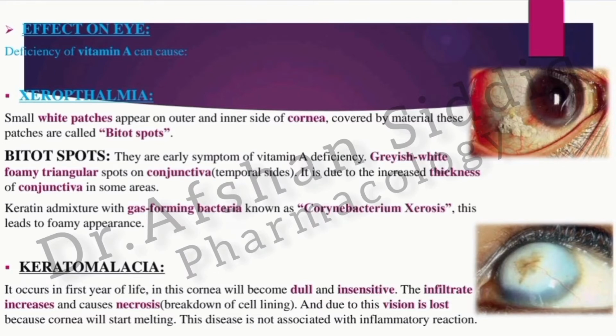The infiltrate increases and causes necrosis, the breakdown of cell lining, and due to this, vision can be lost because the cornea will start melting. The dark area of your eye will break down and necrose, with foamy or grayish material, and that is a leading cause of blindness.